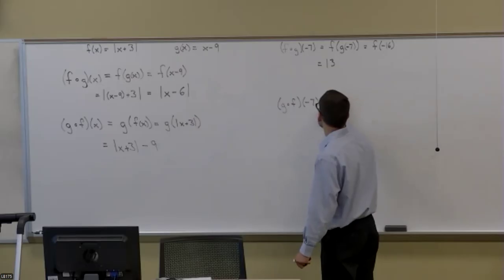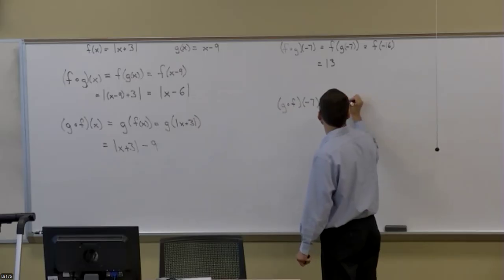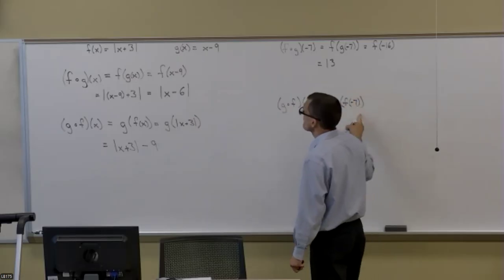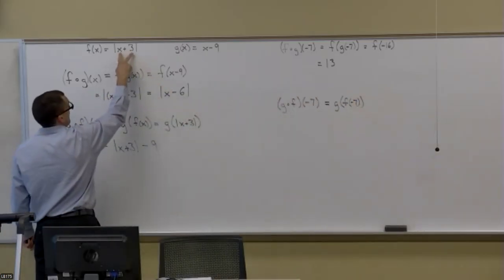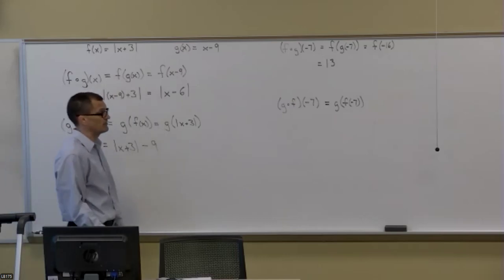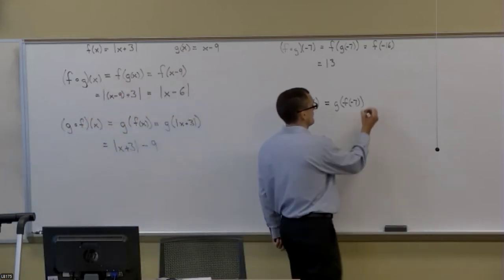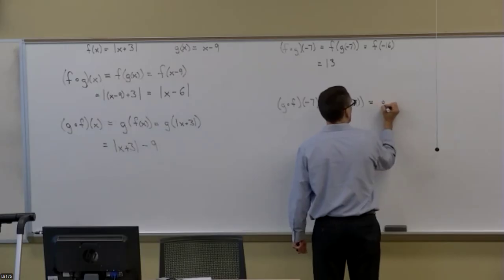Here, if I plug in a -7 into g of f, f of -7 plus 3 gives me a -4. Absolute value of that gives me a +4. So this is g of +4.